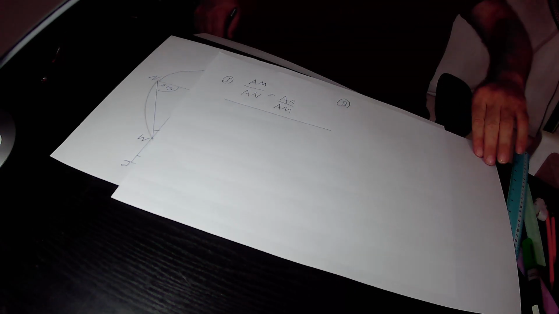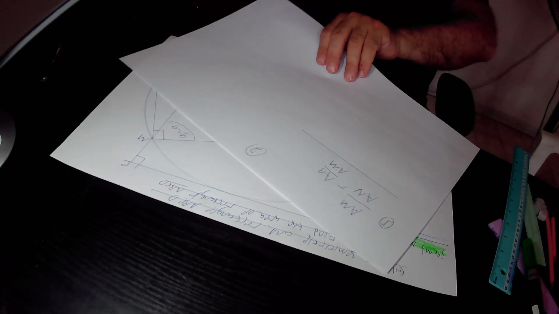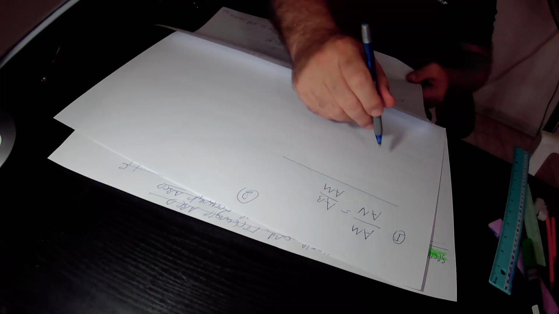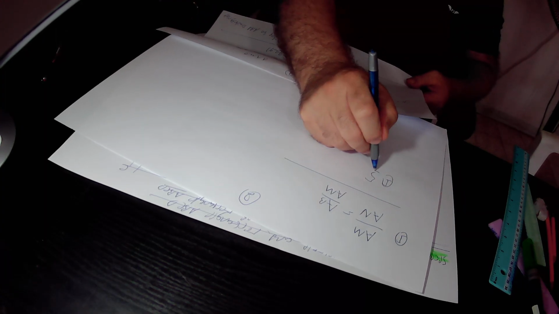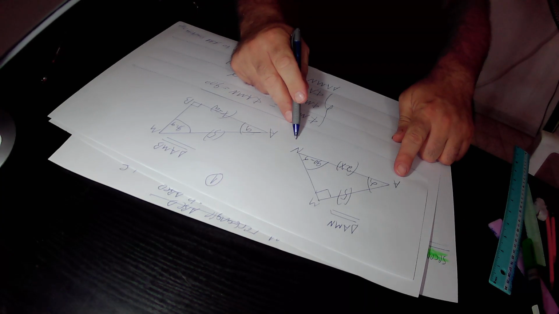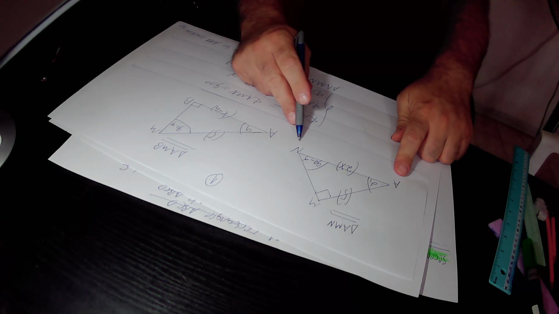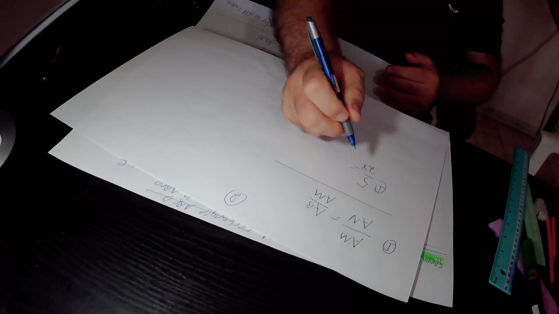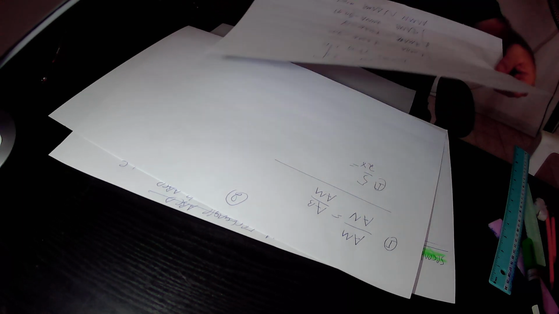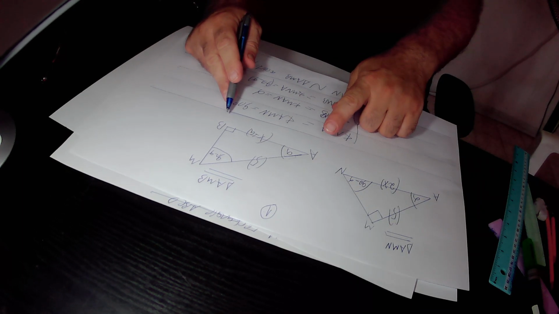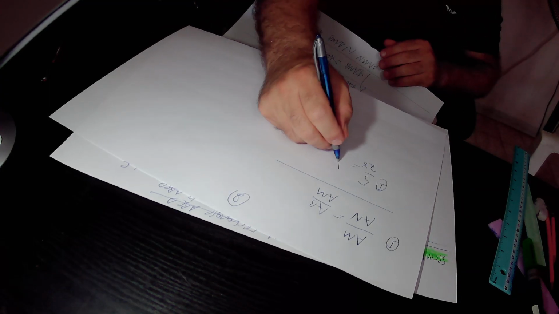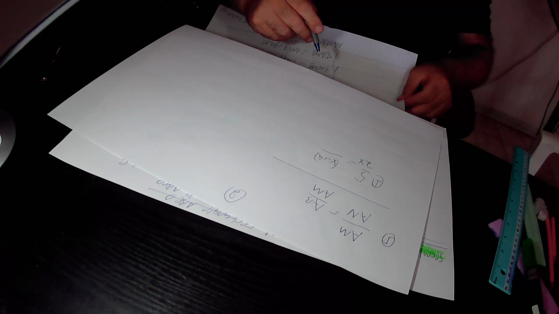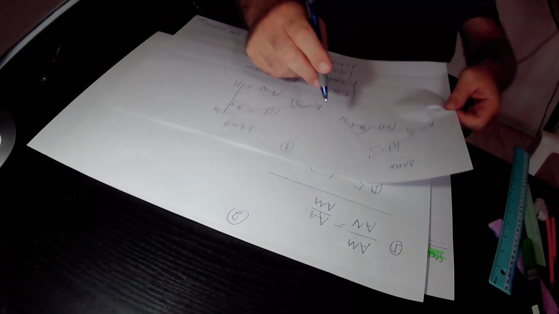AM is 5, over AN. AN is the diameter of the semicircle, that is 2x. And it equals AB, which is x plus a, over AM, which is 5.